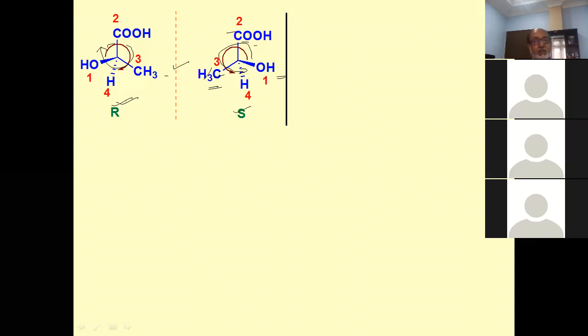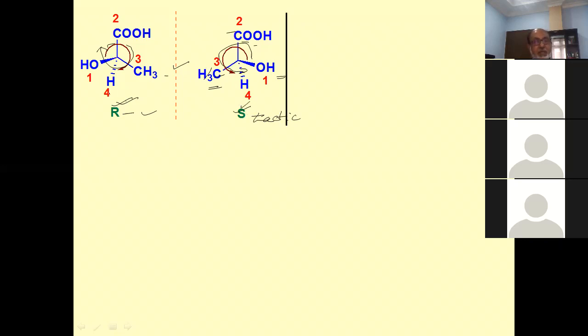Now yes, that means this compound is lactic acid. So this is your R lactic acid, and this is your S lactic acid. But for this S lactic acid, you cannot say that it is going to be dextro or levo unless you verify it experimentally in the laboratory, or somebody has done the work already and you know it, not by seeing here.